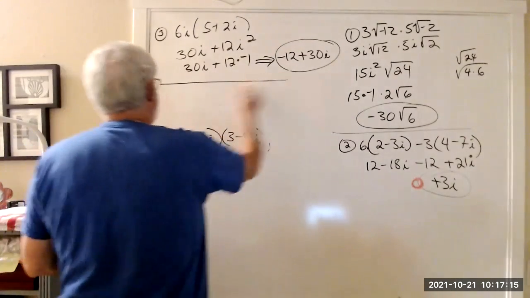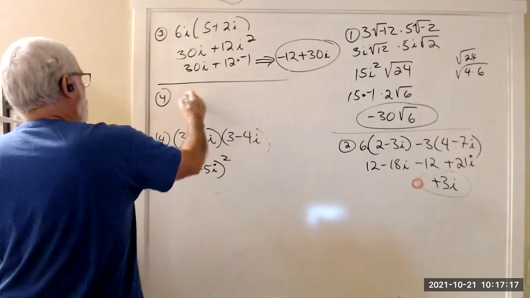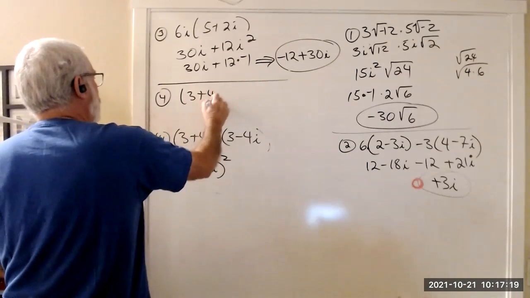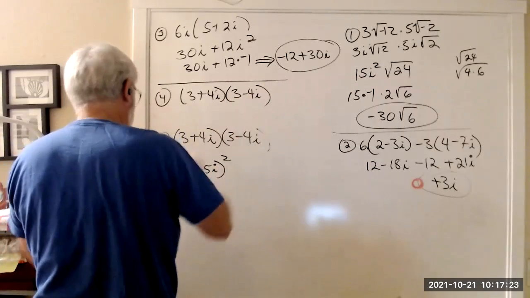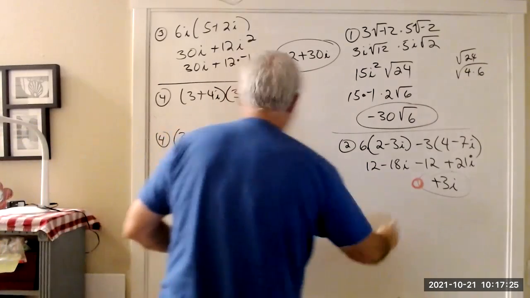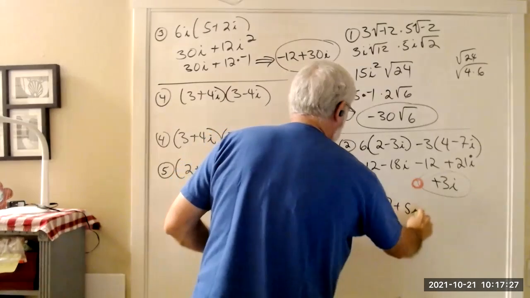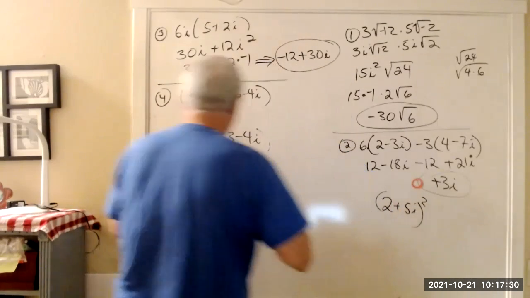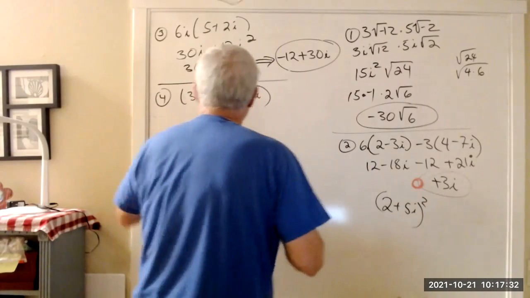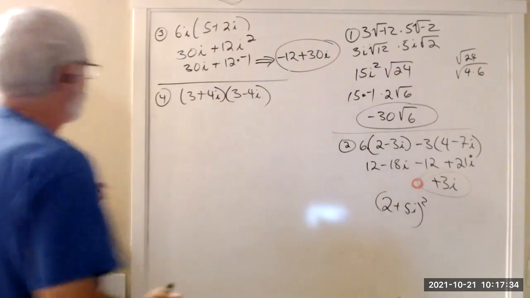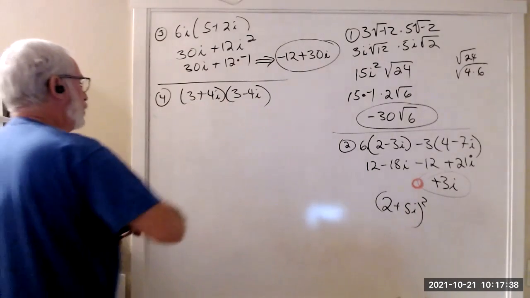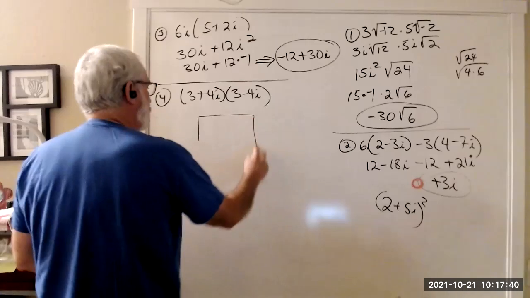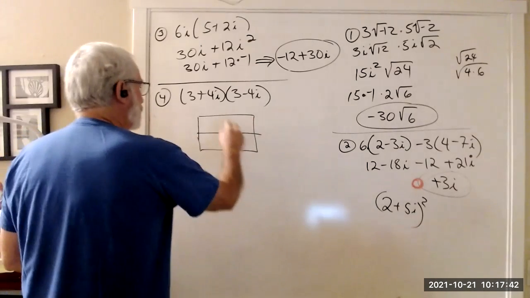Okay. So then we have number 4, which is 3 plus 4i times 3 minus 4i. Just don't want to forget the next one, 2 plus 5i squared. They're asking us to multiply this. Again, whether you FOIL it or whether you build the box, that's your business.